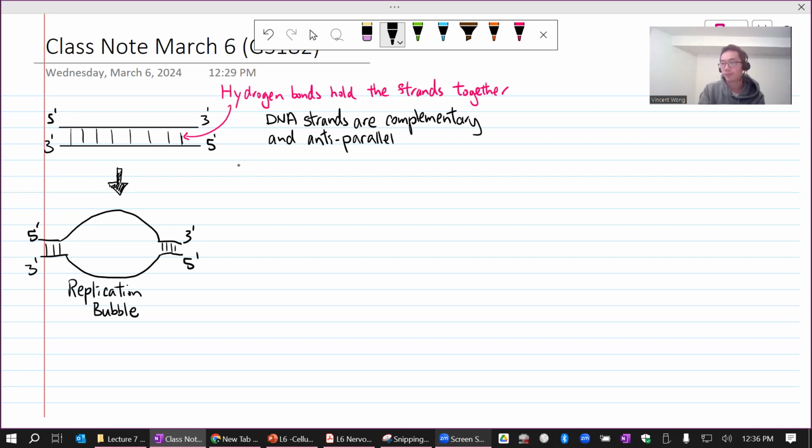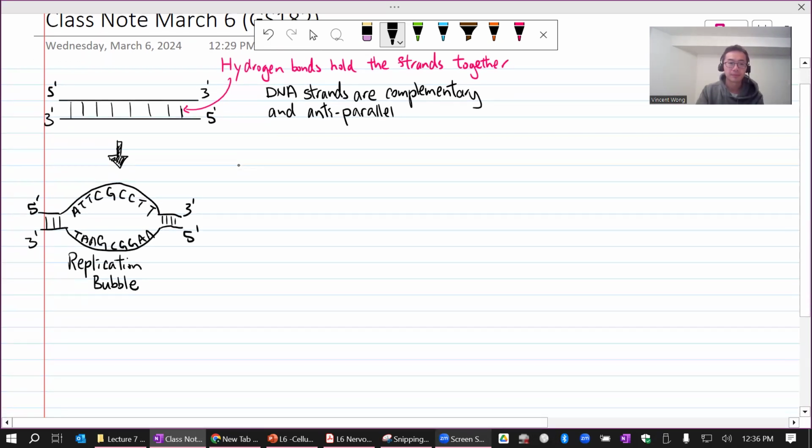Okay. So like, you would have the A, T, T, C, G. I'm just making these up over here. And on the other side, it will be complementary. Okay, but the point is you're going to create a bubble. You're going to open it up. So one side of the bubble is called a replication fork.